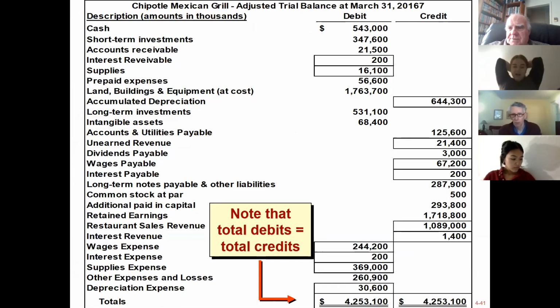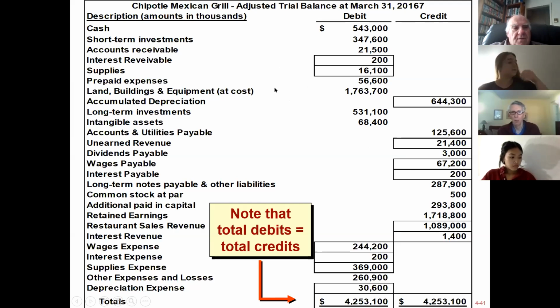Voila, there it is. Let's take a look. Remember, we had to accrue that famous $200 worth of interest. We debited interest receivable for 200. We credited interest payable for 200.